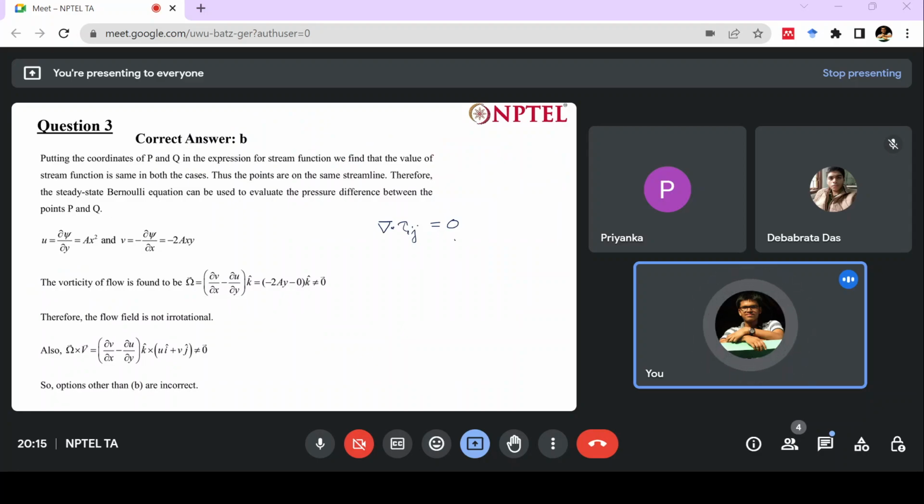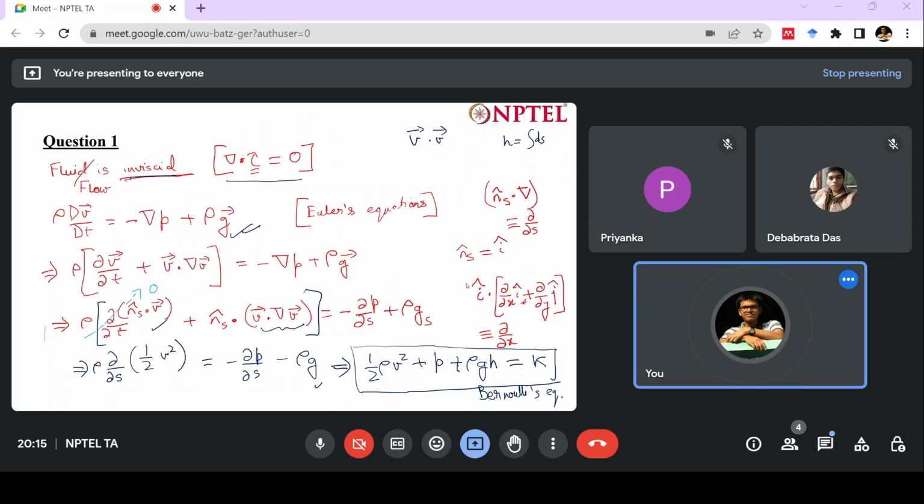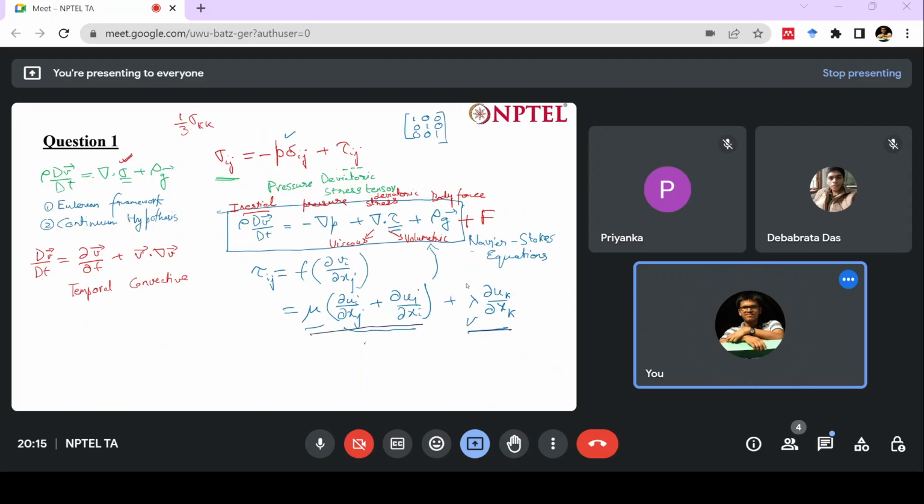Now, if you break this down, this grad dot tau ij, you will see it mostly depends on these components, where i is not equal to j. We can go back a little, we have already done this here. We have broken down this tau ij.